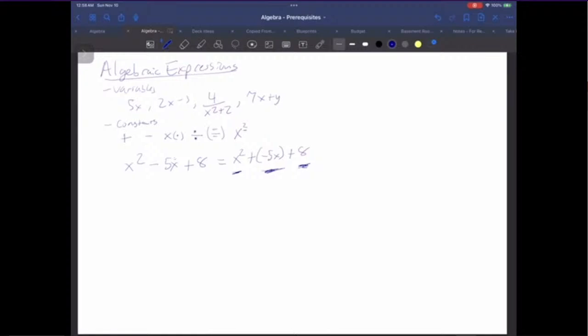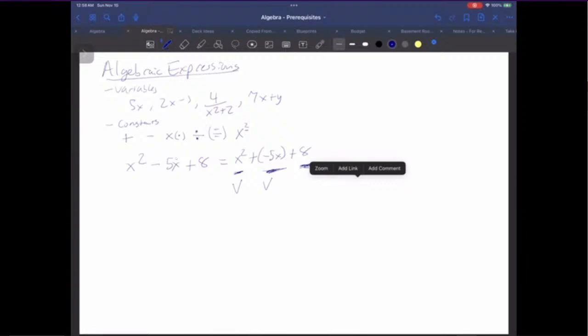These two are called variable terms because they have a variable in them. And this one is called a constant term because it has only a constant.